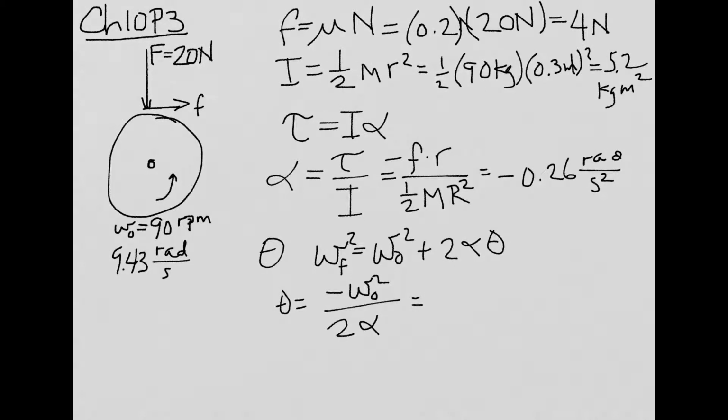Remember, alpha is negative. When you plug all this in, you get that it goes for 170 radians. And then if I divide that by 6.28, 2 pi radians, then I get 27.1 revolutions.